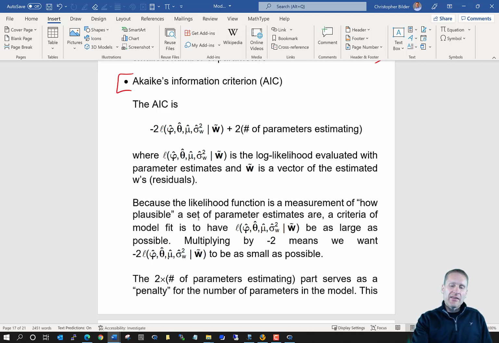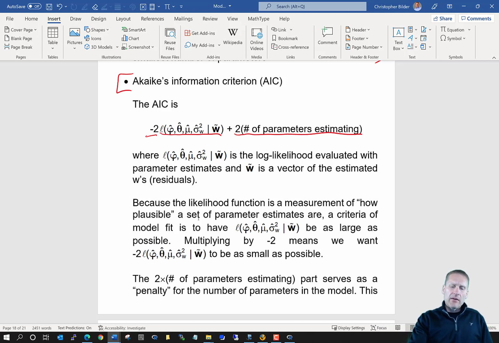So this is how the AIC is formed. It's a numerical value. You take -2 times your log likelihood function, evaluated at your parameter estimates, plus 2 times the number of parameters that you're estimating. Okay, so why are we using this value as a way to evaluate our model?